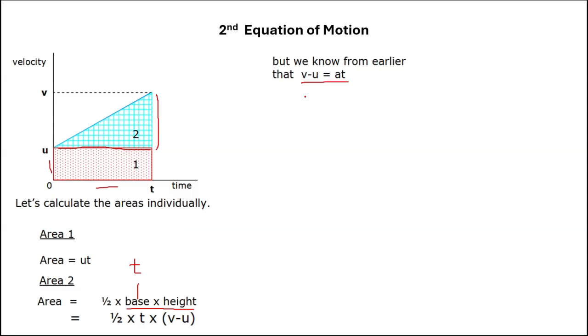So we put it in our equation here, half t, and we have replaced v minus u by 80. So we get half multiplied by t multiplied by 80. So finally the area is equal to half a t multiplied by t, which gives us t square.